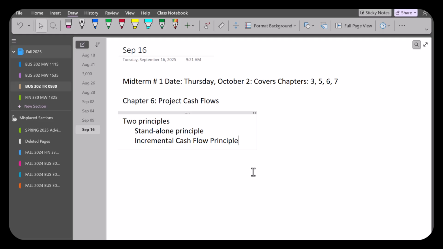So what happens to the cash flow of the firm as a result of accepting the project? These two are going to guide our decision about what sort of things are relevant and what sort of things are not.